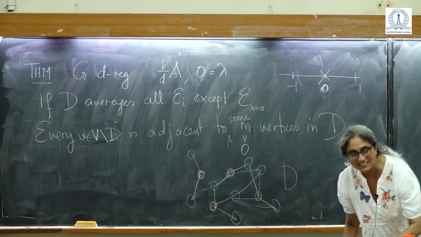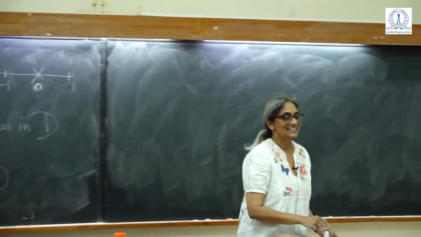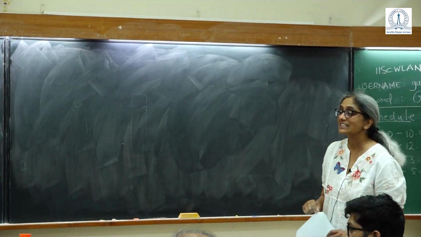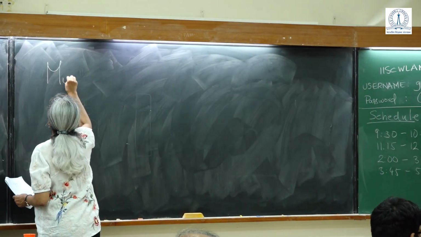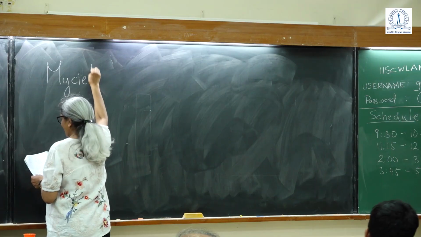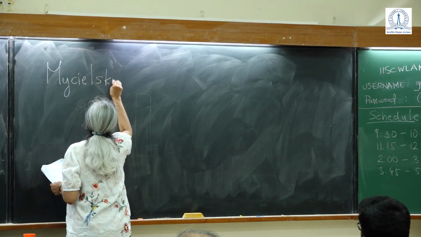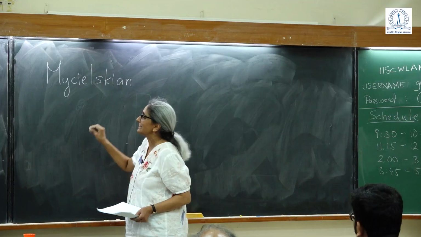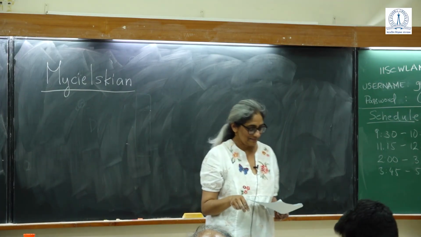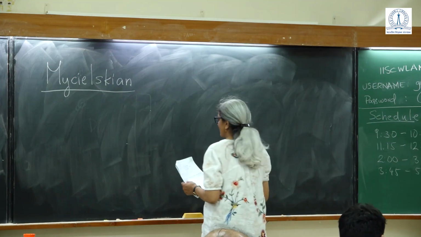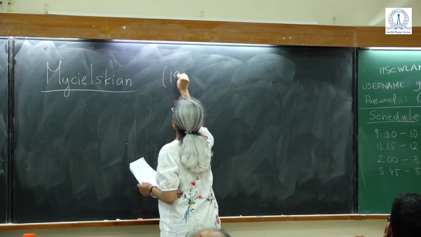So there is a class of graphs called Mycielskians. Have you heard of it? Let me write it, right? Mycielskian. Okay, this is actually a construction on a graph. This is due to Jan Mycielski, and it's from 1955.